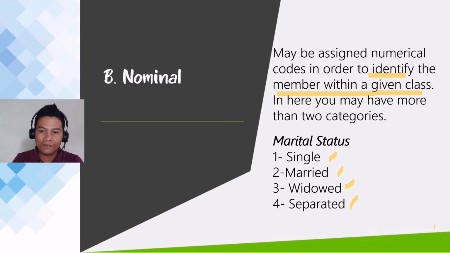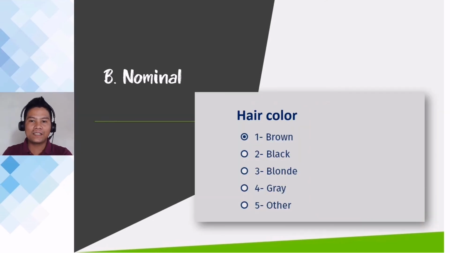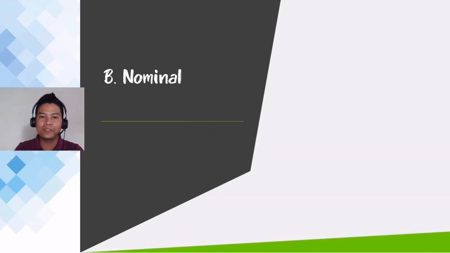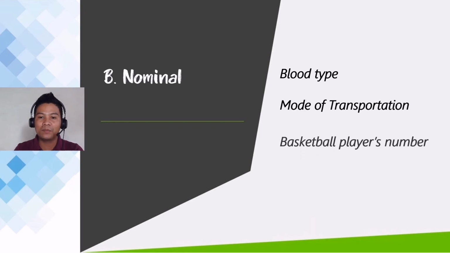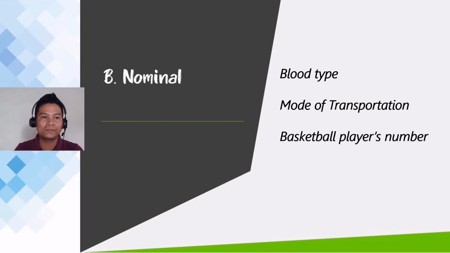Another example is hair color: one, brown, two, black, three, blonde, four, gray, and five, others. So you notice that it is more than two. So that is nominal. Other examples include blood type, mode of transportation, and basketball players' number.